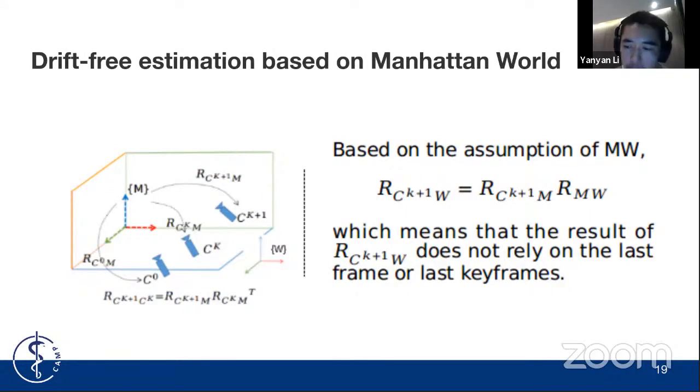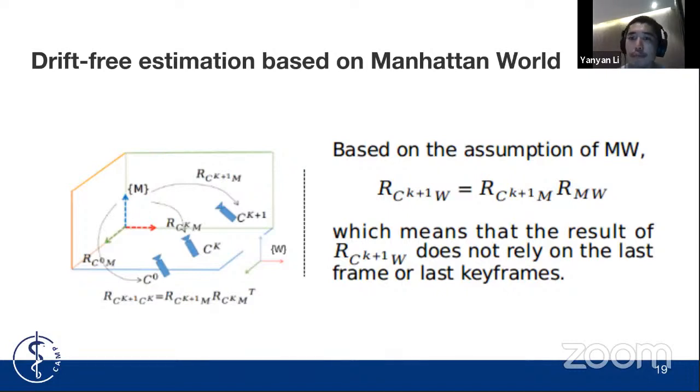From my understanding, maybe the most interesting part of the Manhattan world is drift-free rotation estimation. For traditional 6DoF pose estimation, we have different strategies, right? We have frame to frame strategy or map to frame.